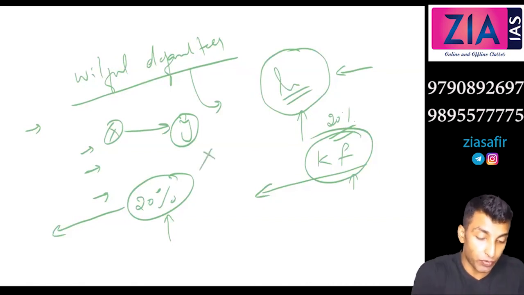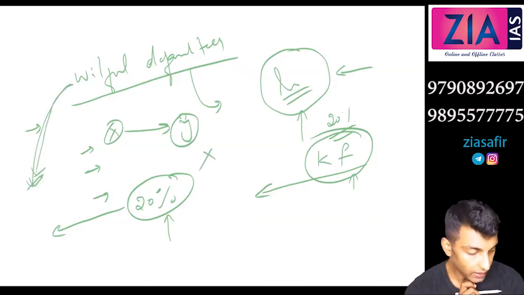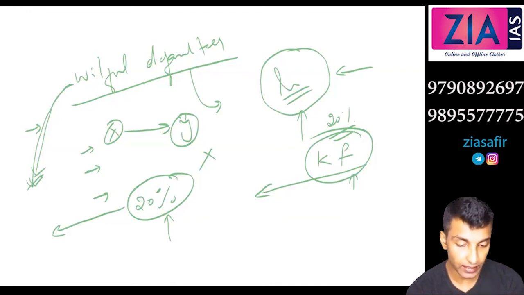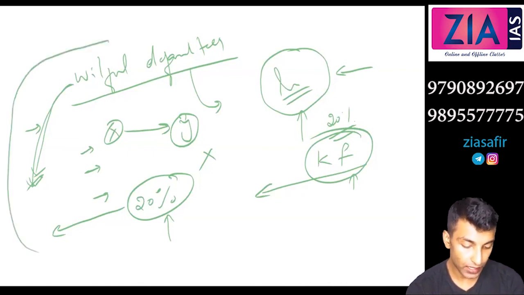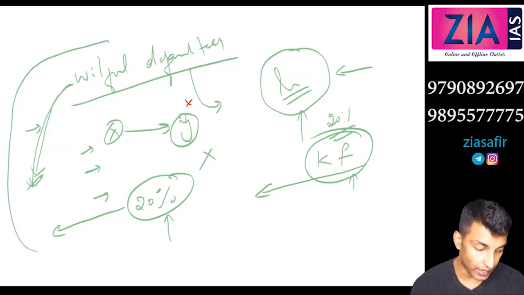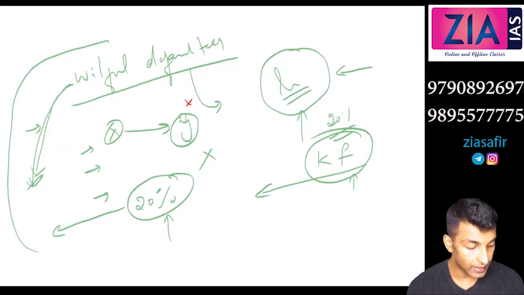One more you write there: sell the collateral assets without informing the banks. So these three are considered willful defaulters: not paying despite having the capacity to pay, diverting the funds to other activities, and selling the collateral assets without informing the banks.